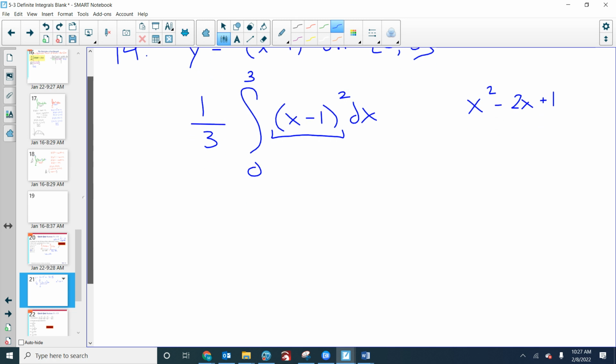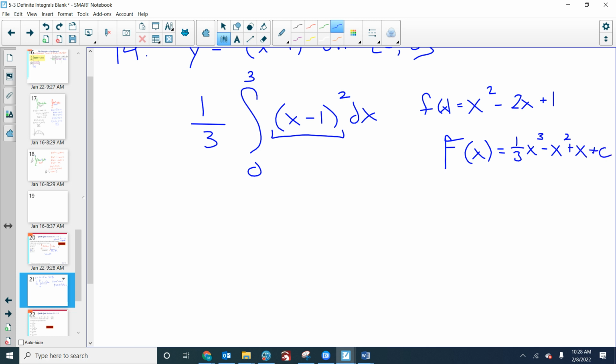So this becomes that. So we have little f, and capital F is 1/3 x cubed minus, what's the antiderivative of 2x? Plus x plus a constant.